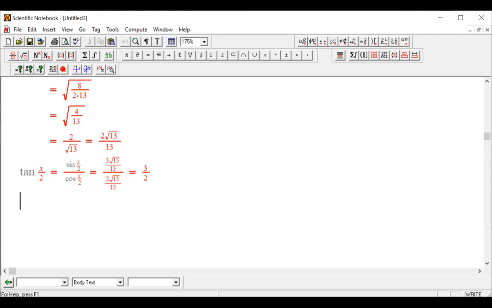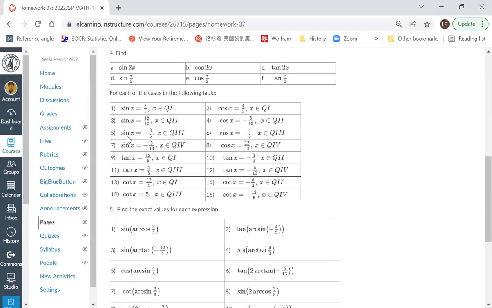Okay, so let's look at another example, where the terminal side terminates in the third quadrant for sine. Okay, so sine x equals negative 3/5, and x is in quadrant 3. Okay, let's see what happens now. Okay, so let's go back there.